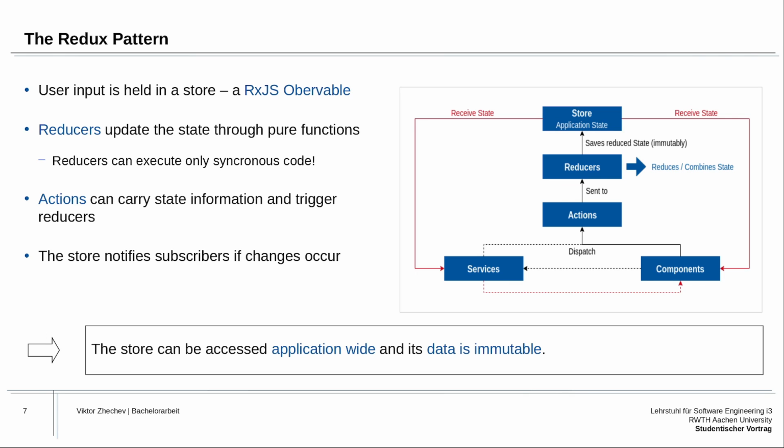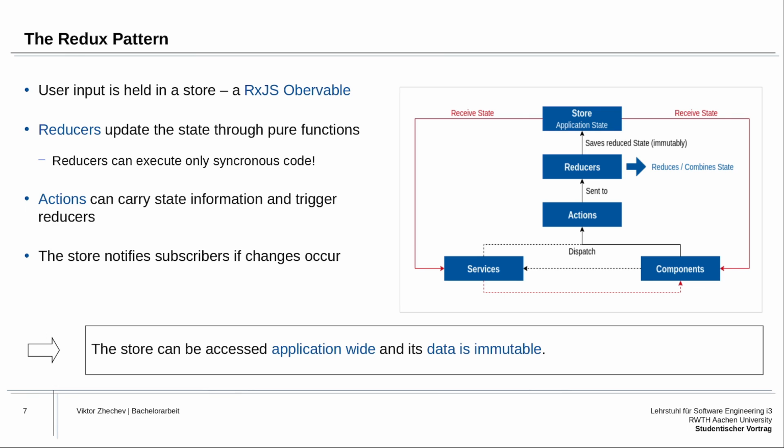To achieve this flow of data in MontiGem, we used the help of another state management pattern called Redux and its implementation in Angular, the NgRx Store library. Redux introduces the concept of having one central object that holds the whole application state. This state can then get updated only through pure functions called reducers.